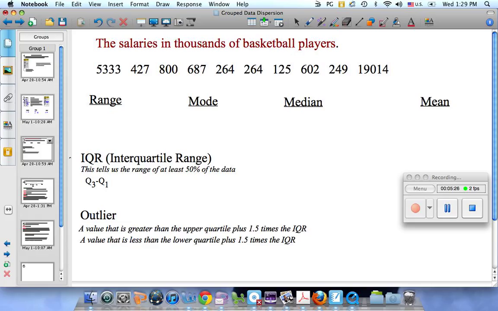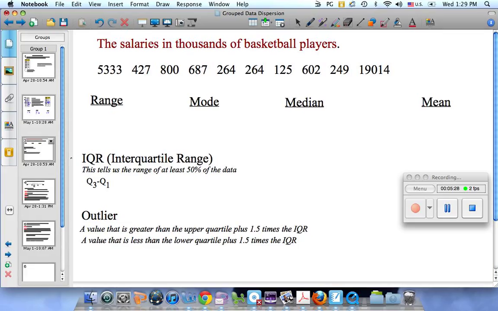So this is one list, which I like. So I can still go back to my calculator, and I can enter it in list 1. And then I can run my statistics on it. The range. The range here means the highest to the lowest. So who's the poor guy who makes the least amount of money? Right here. He only makes $125,000 a year.